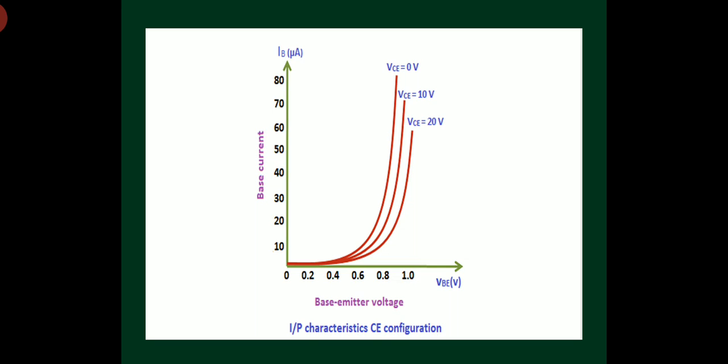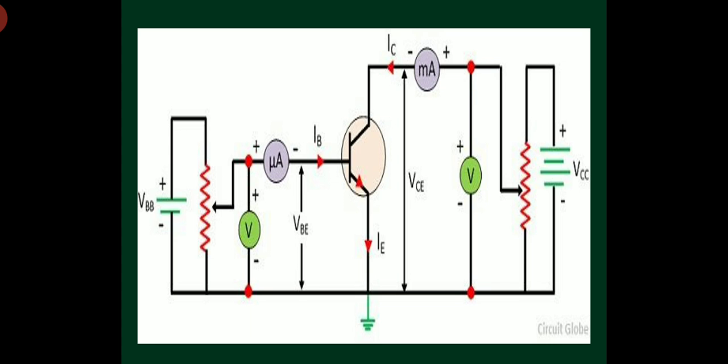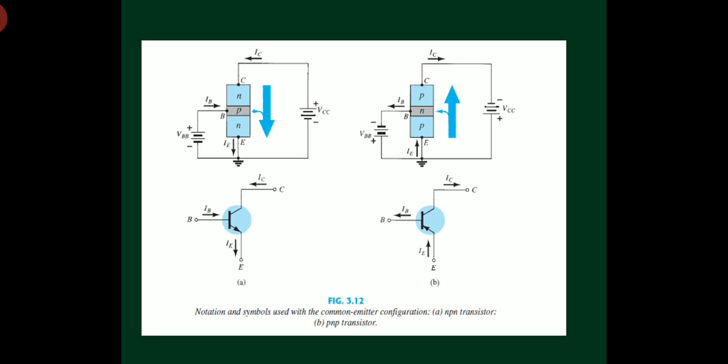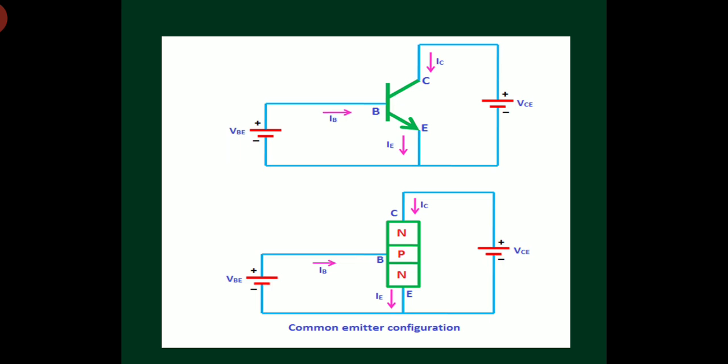VCE equal to 0. If I increase VCE, let us suppose VCE equal to 10 volts, what will happen? Let us move on to the schematic. When VCE is increased, what will happen? Reverse bias is increased much more. So junction JE is forward biased, junction JC is reverse biased.